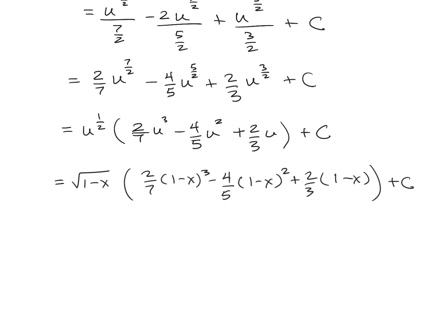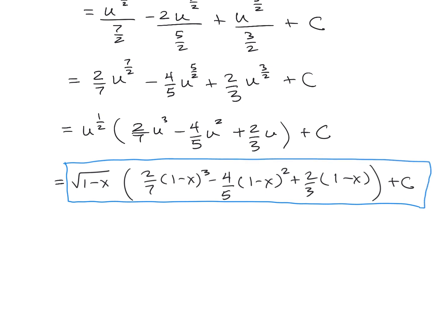And that's actually a perfectly simplified answer because we do have everything back in terms of x. You could go a lot further with this, of course. You could factor out a common 1 minus x and simplify that polynomial. But in any case, we did find the indefinite integral of our original problem.